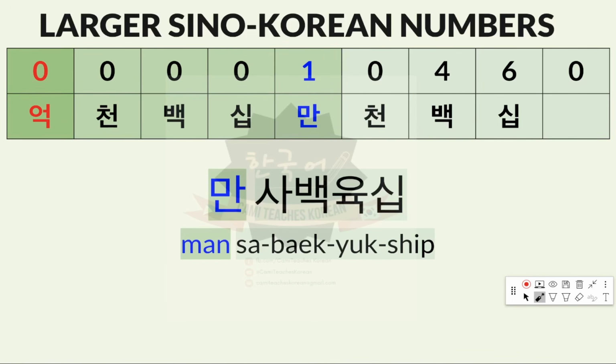So for 10,000 it's just man. Then the chon place has no value, so just skip it. We go to bek, sabek for 400, yukship for 60, and then there's no single digit. So 10,460 is man, sabek, yukship. Man, sabek, yukship. Here, chon has no value, so there's no need to say any chon number. 10,460: man, sabek, yukship.